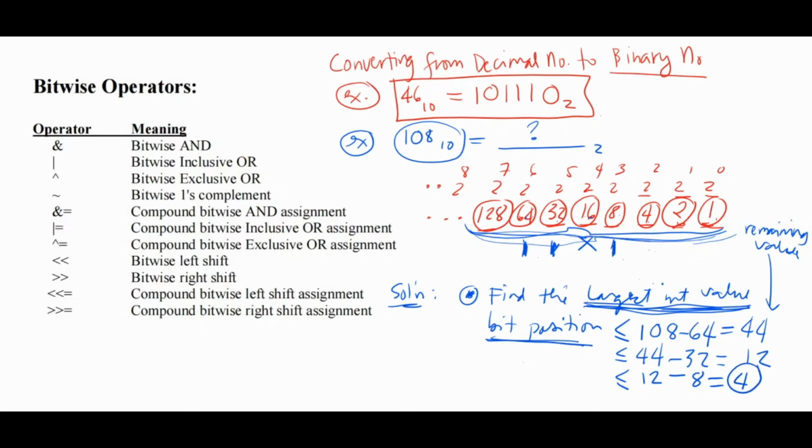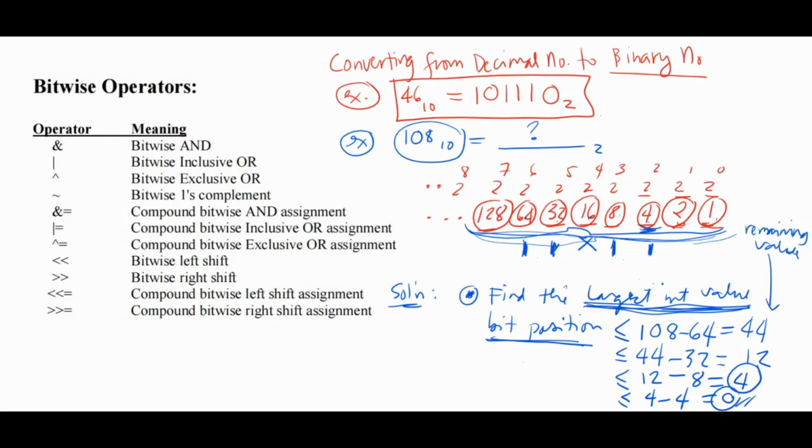Next step is to find again the largest integer value bit position from among these bit positions that is less than or equal to the remaining value 4, and it is now this one, right? 4. So set it to 1. Subtract that value 4 from the remaining value 4, and the new remaining value now is 0.